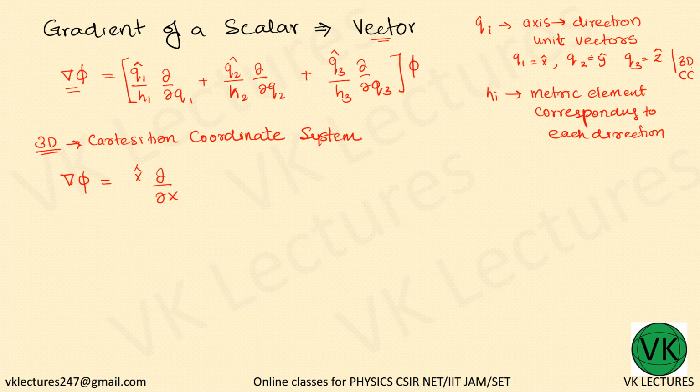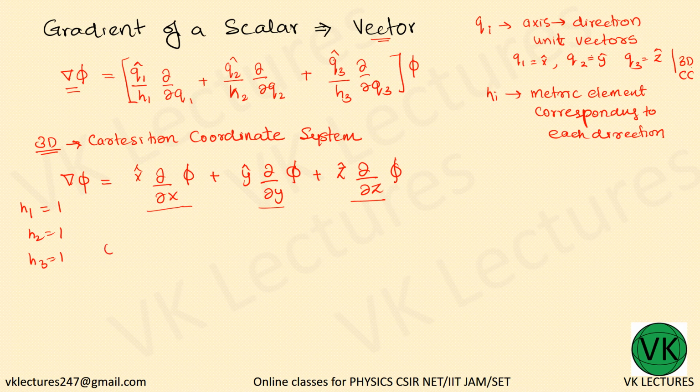And what is the value of h1? h1 is equal to 1, h2 equal to 1, h3 equal to 1. This is for the Cartesian coordinate system. So x cap dou by dou x of phi plus y cap dou by dou y of phi plus z cap dou by dou z of phi. So this is the x coordinate, y coordinate and z coordinate.